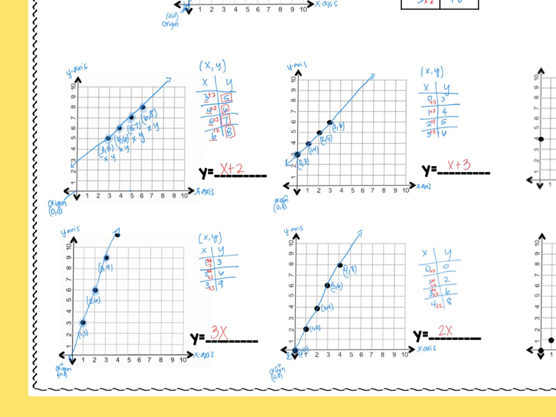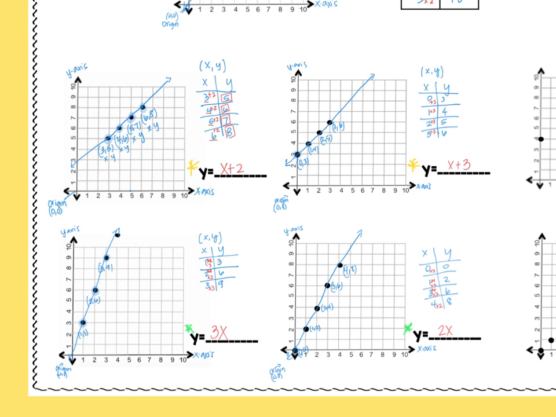If you notice, our top two examples are both additive graphs, right? So that means that we added something to x to get to y. And if you look at the bottom ones, these are both multiplicative graphs.